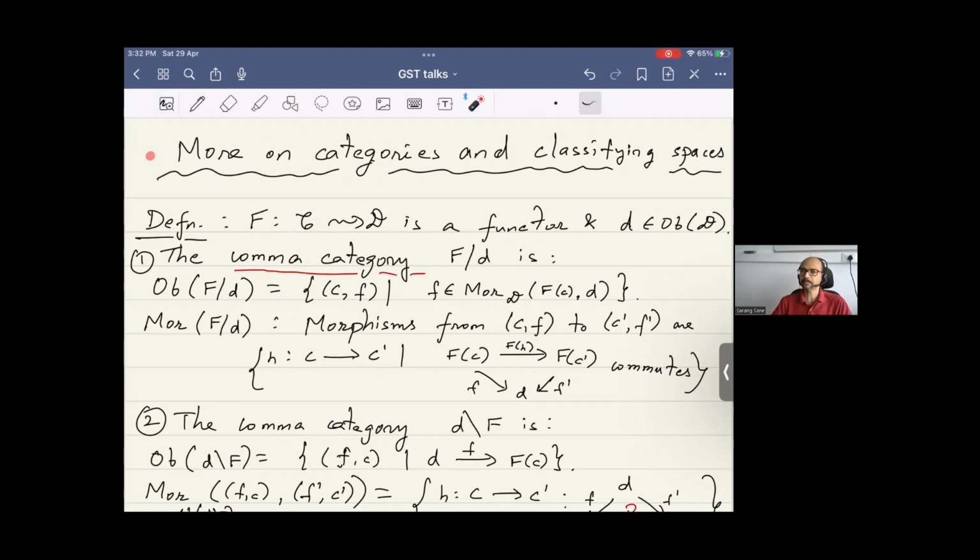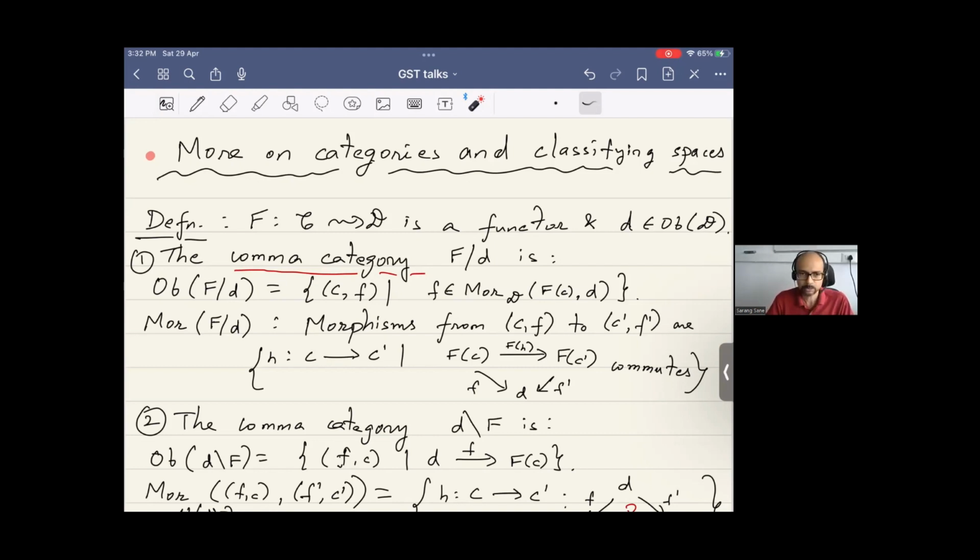Before doing anything else, we really need to understand this classifying space construction and some results on it called Quillen's theorems A and B. So let's get back to classifying spaces and categories.